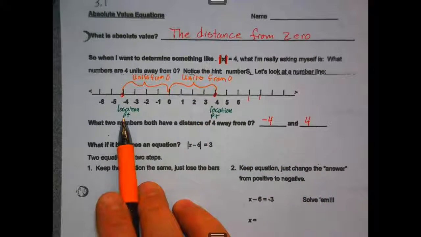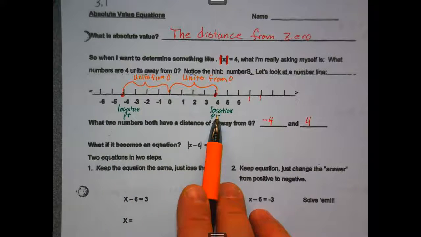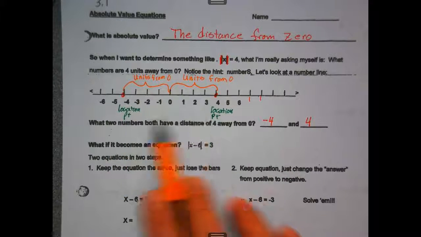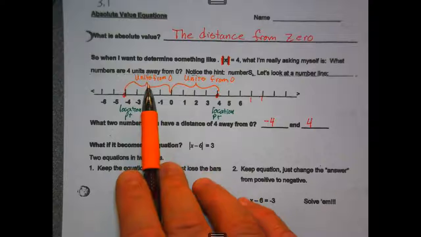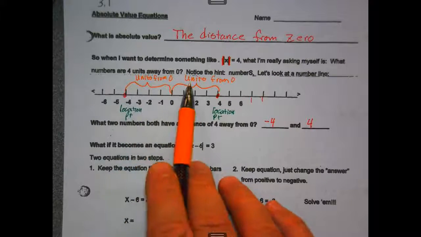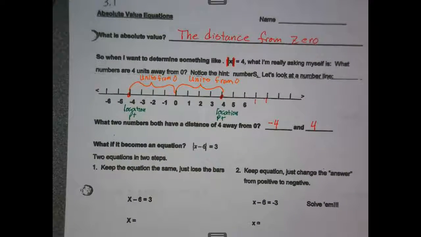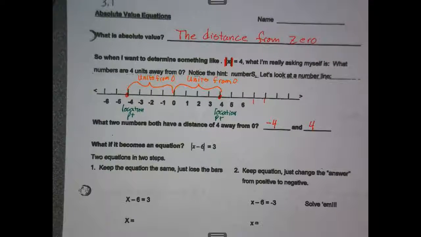These just happen to be location points. These can change all the time, but the units have to be positive because it's a distance.